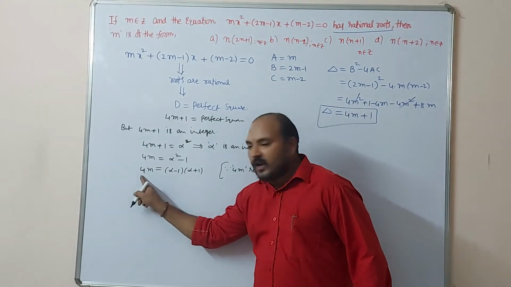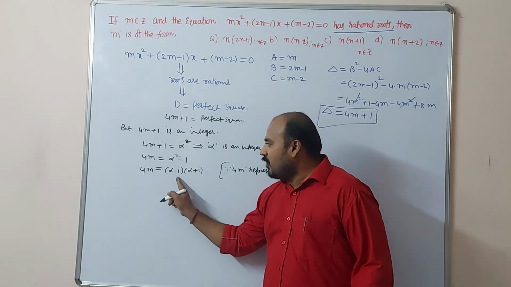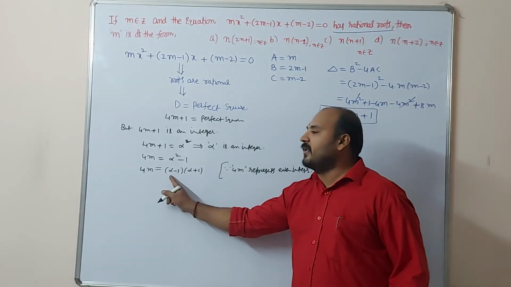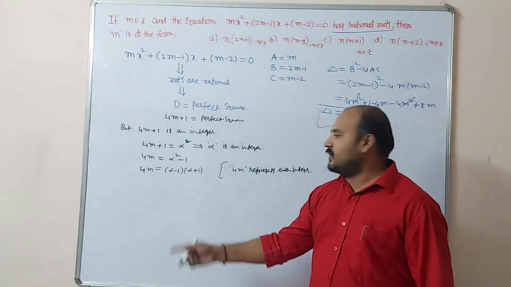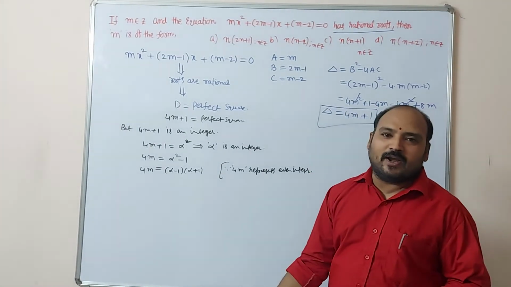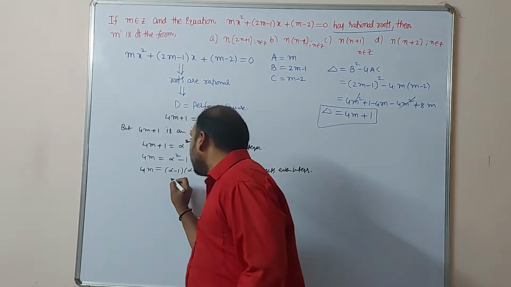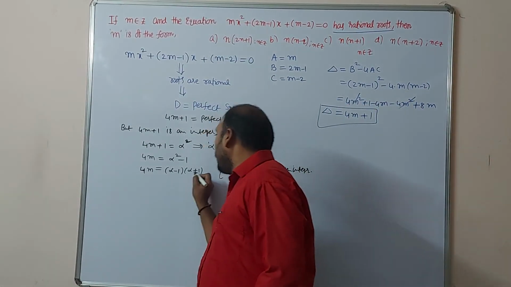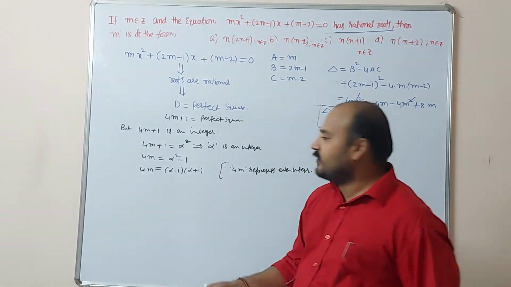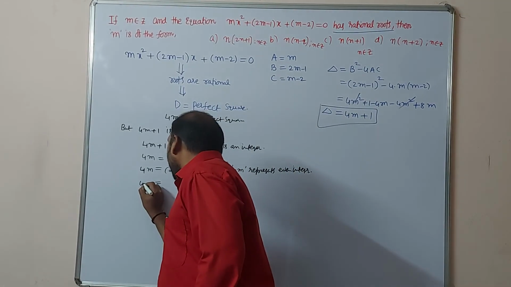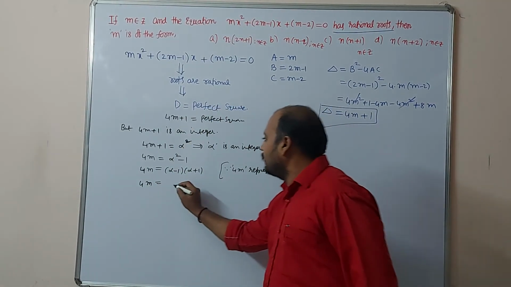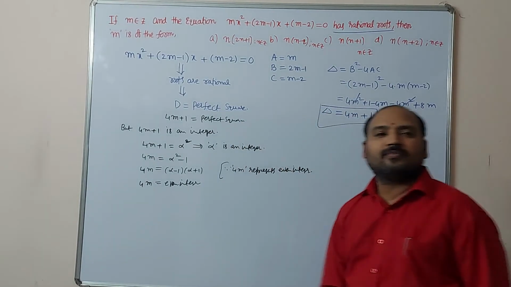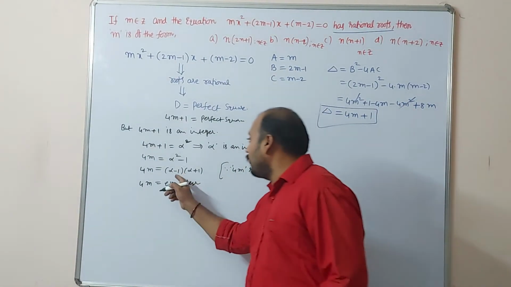Observe carefully, 4m is even integer. Alpha minus 1. Alpha is an integer. In this, if you subtract, it will become odd integer. Alpha plus 1 also odd integer. So, alpha minus 1 and alpha plus 1 both are odd integers, but 4m is an even integer. Alpha minus 1 and alpha plus 1.